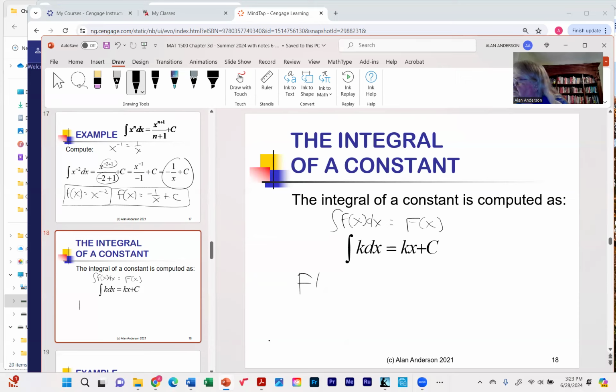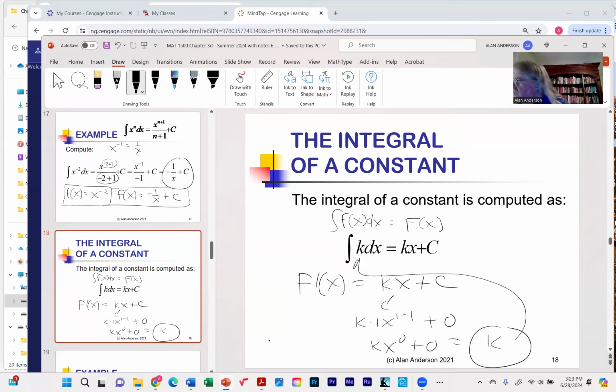So if I want to know the derivative of kx plus c, so here I've got k times 1x to the 1 minus 1, plus 0, kx to the 0 equals k. Okay, so it works.